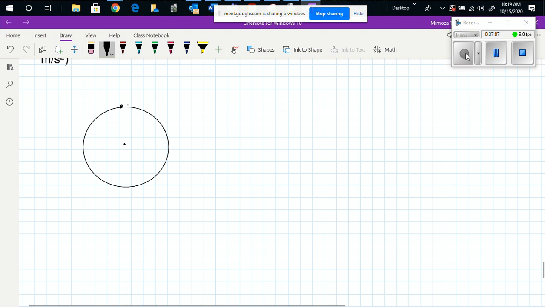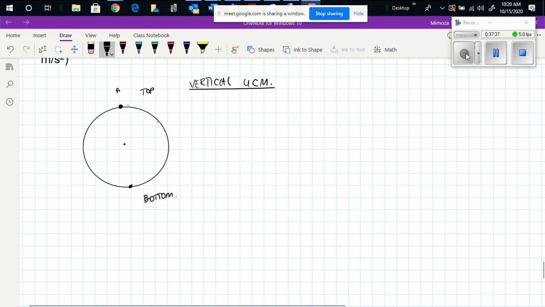The object is going from point A to point B and so on, moving in the circle. In vertical uniform circular motion, what we study is what is happening with the object at the top and at the bottom.